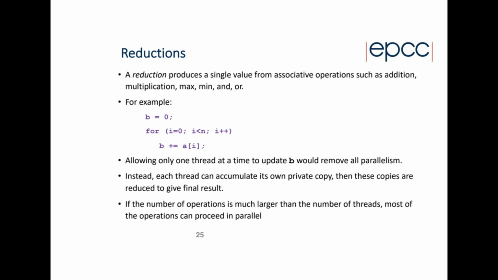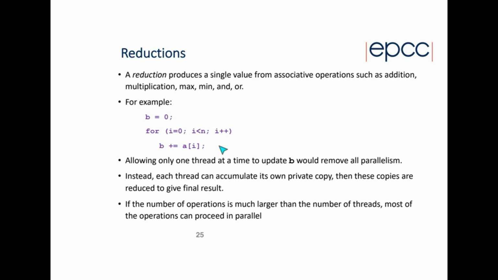Okay, so the last thing I wanted to talk about in this section is reductions. A reduction is one of these operations which produces a single value from associative operations like addition, multiplication, maxes, mins, logical and, logical or. In practice, additions, maximums, and minimums are the common ones we come across.